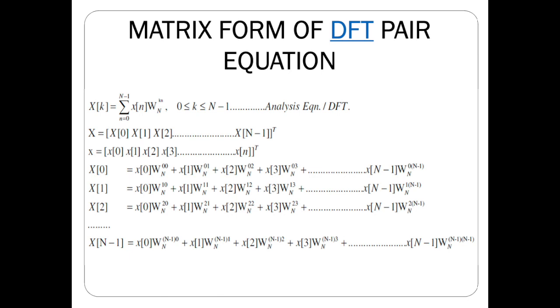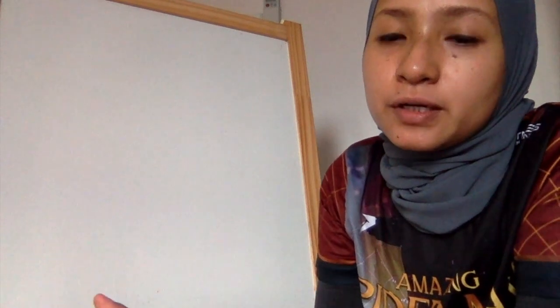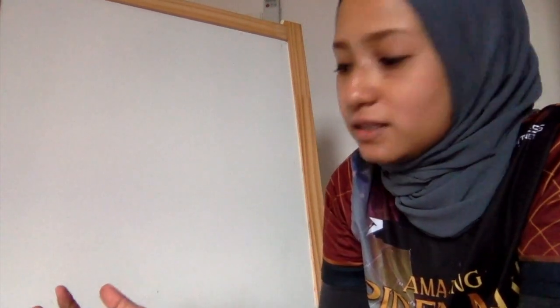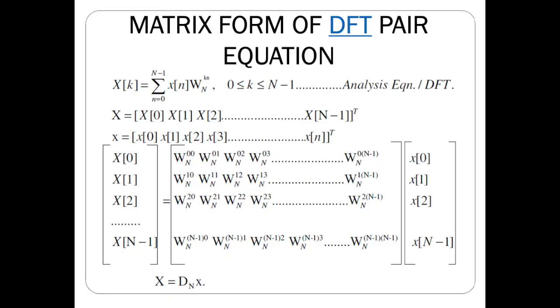Slide number 9 is on the matrix form of the DFT pair equation. For you to understand this one, you have to really remember your linear systems subject. Basically, this is all about matrix calculation.